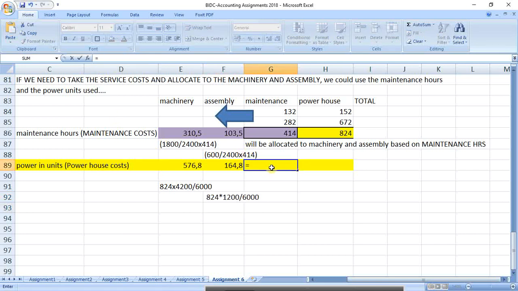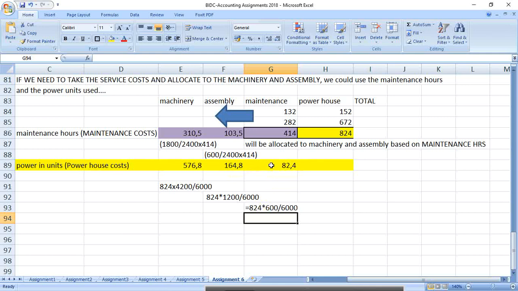And then the last one, what am I going to do? 824 times. How much power does the maintenance department use? 600. Divided by, how much power does the whole business use? 6,000. See? Okay, so this is representing that allocation.